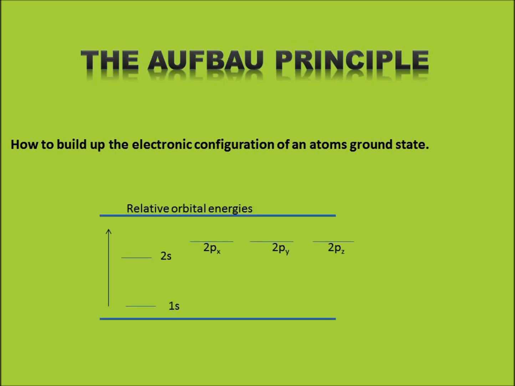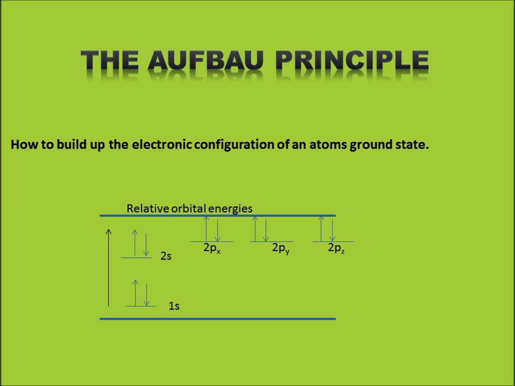Here, we would first fill the 1s orbital. Once that orbital is filled, then we will move to the 2s orbitals. Once we have filled the 2s orbitals, then we move to the 2p orbitals. This is the Aufbau principle.